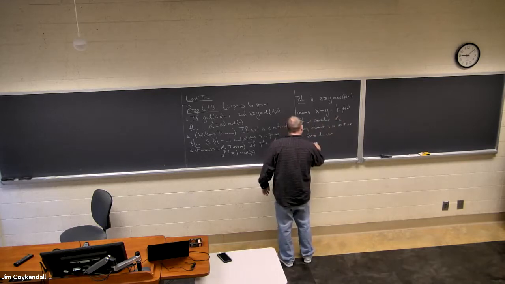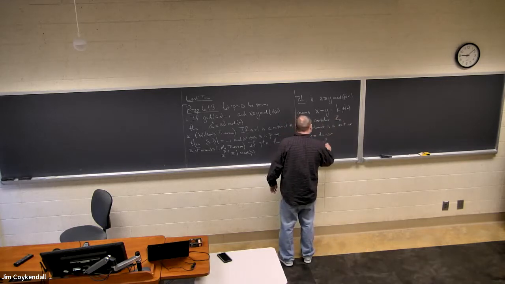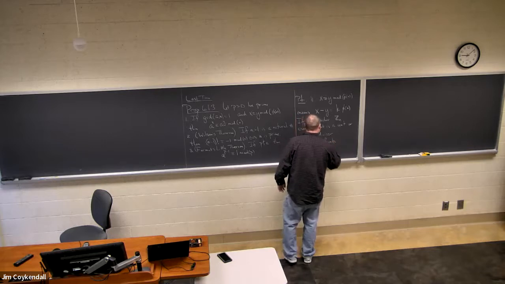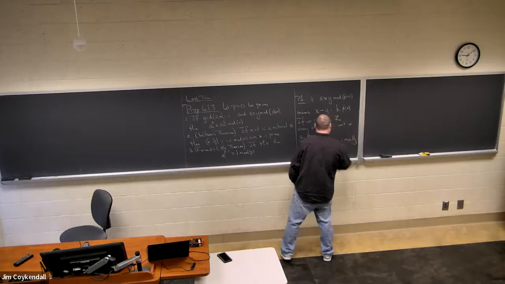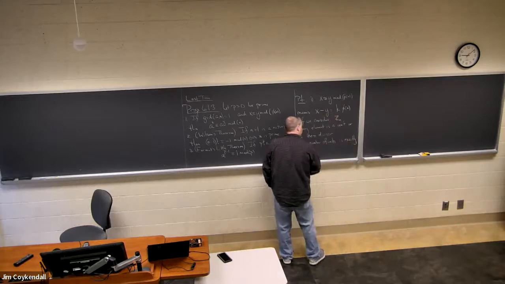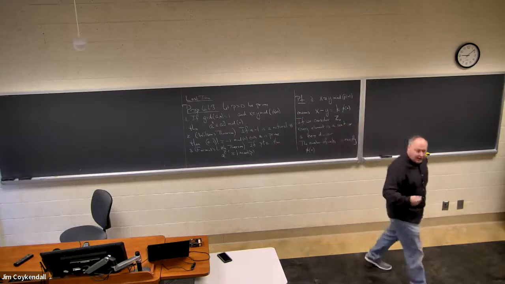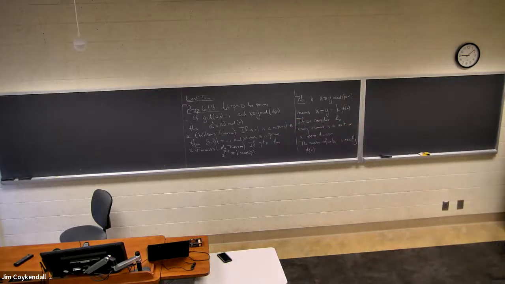So what does this mean? The number of units is phi of n, right, because phi of n actually counts the stuff that's relatively prime to n. And so phi of n tells you the exact number of units.